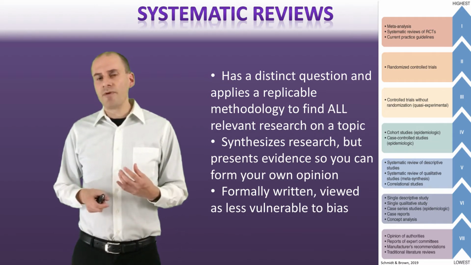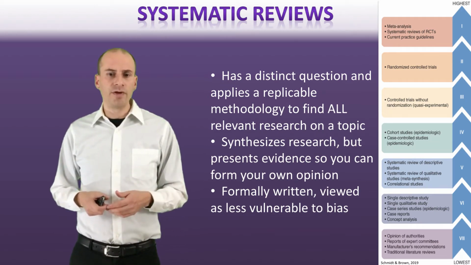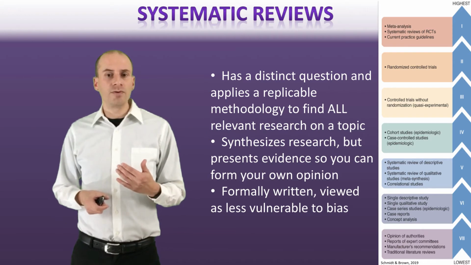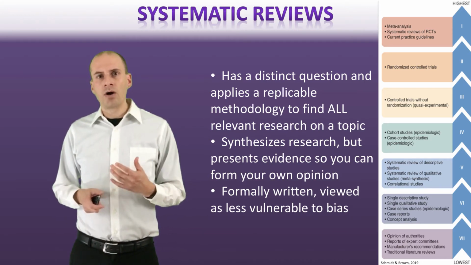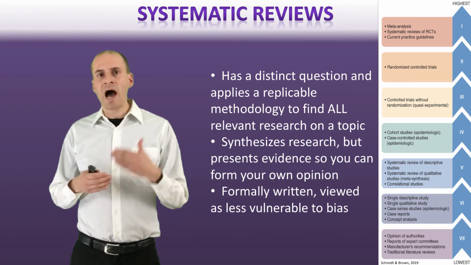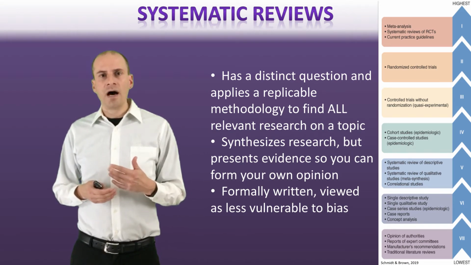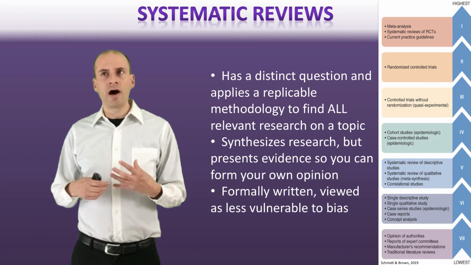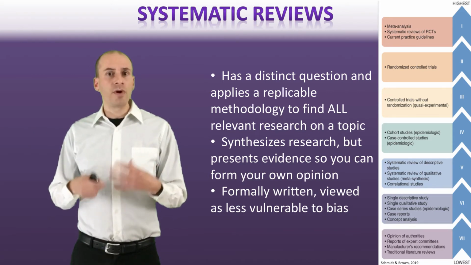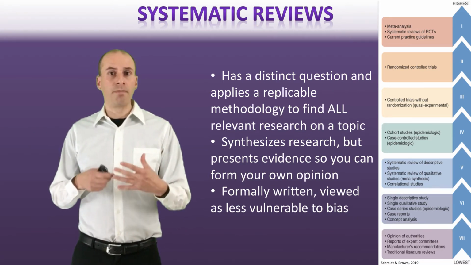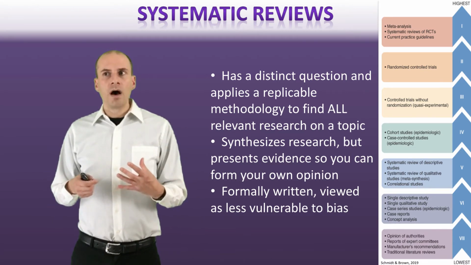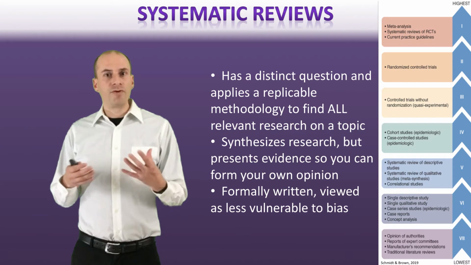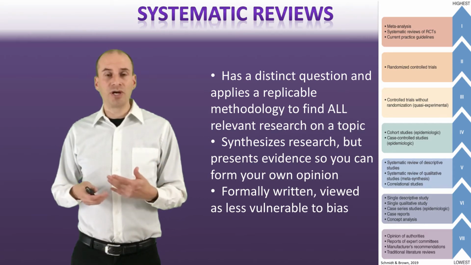Now, there's another type of review, which is called a systematic review. Systematic reviews and the reviews that follow from this point forward are seen as being a higher level of evidence. And this is because, even though they're a review and they're looking at other publications that they're assessing, some people view them as secondary research.